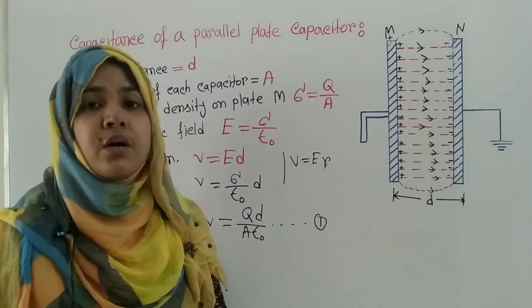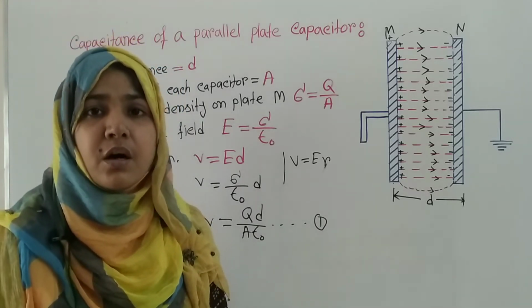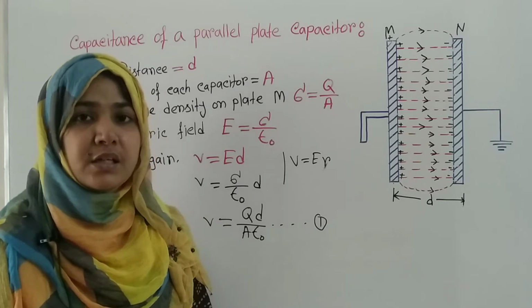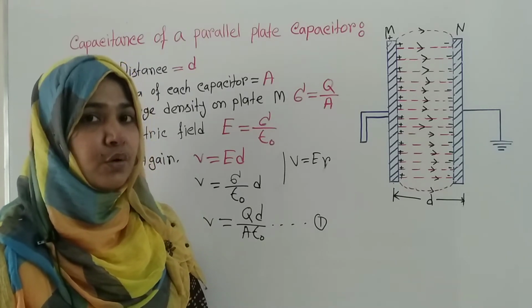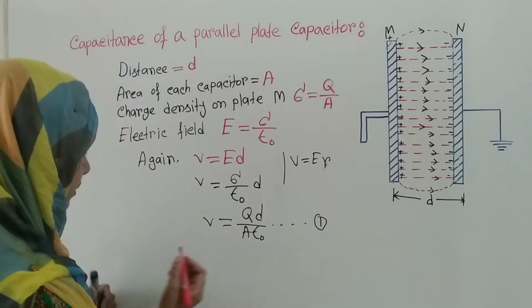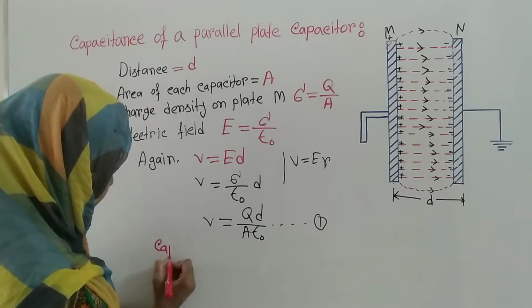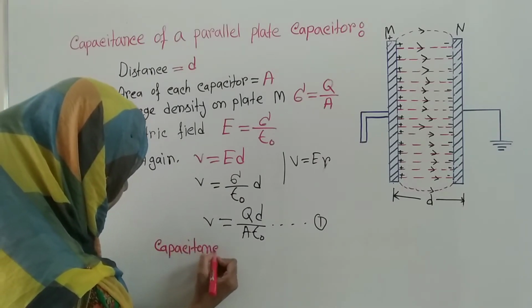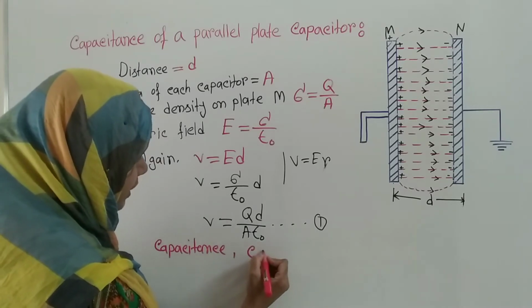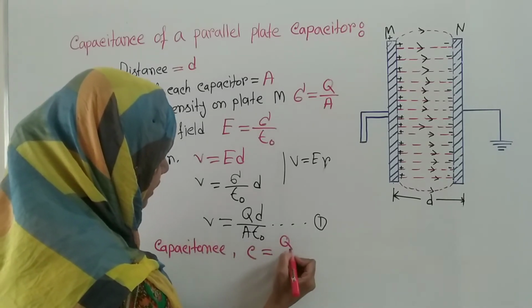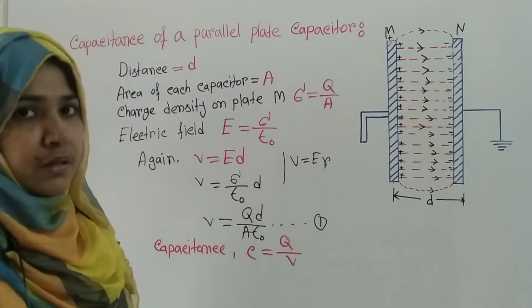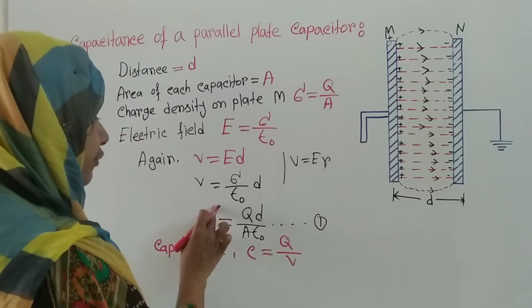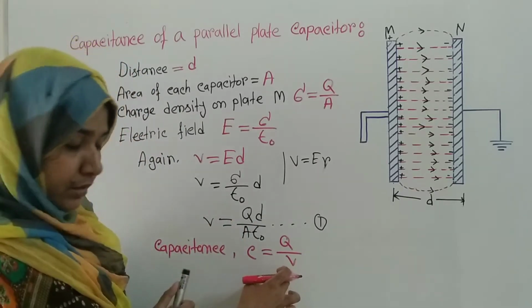From the definition of capacitance, we know that capacitance, which is denoted by C, is equal to Q divided by V. Now put the value of V in this equation.